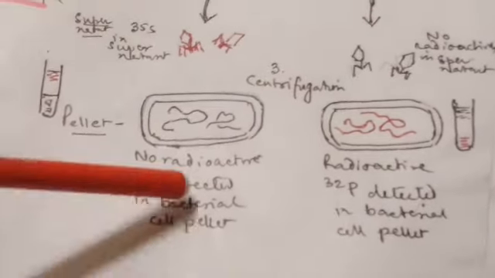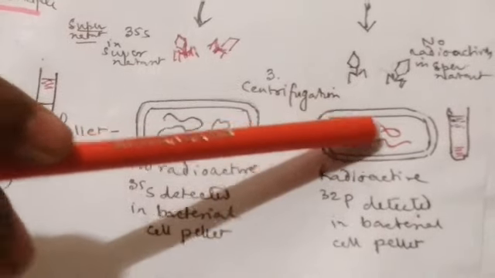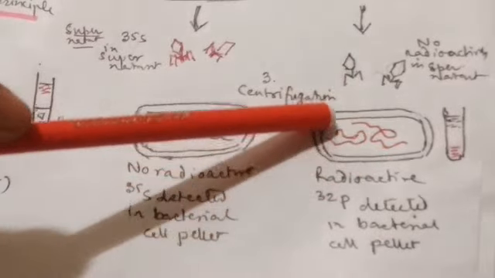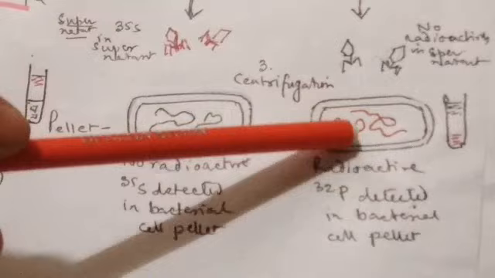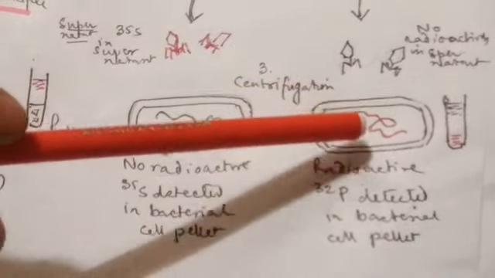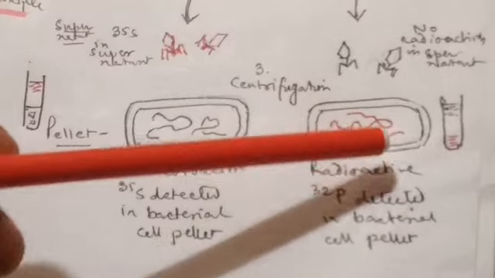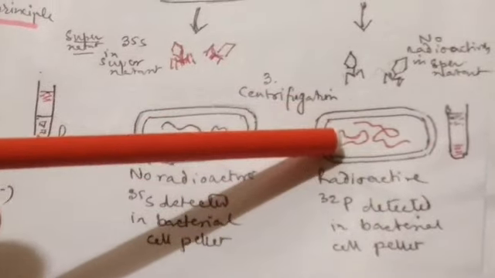Because whichever enters the bacteria will regulate the bacterial chromosome and help in the production of numerous viruses. The radioactive DNA we find in the pellet, so it has entered the bacteria, and this is the genetic material.